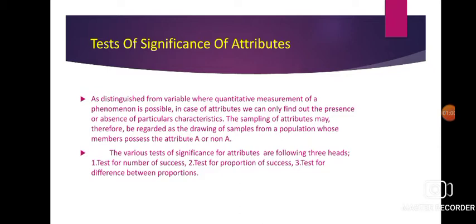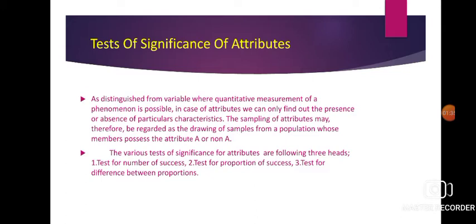The selection of an individual on sampling may be called an event. The appearance of an attribute A may be taken as success and its non-appearance as failure. Thus, if out of 1,000 people selected for the sample, 100 are found literates and 900 illiterates, we would say that the sample consists of 1,000 units, out of which 100 are success and 900 failure.